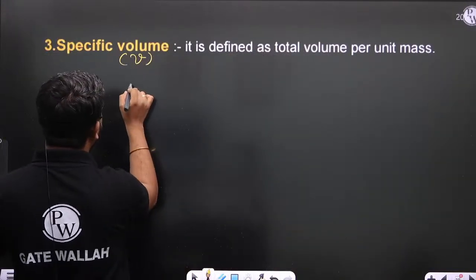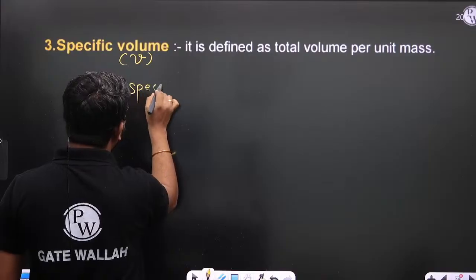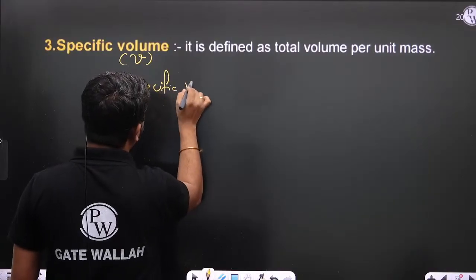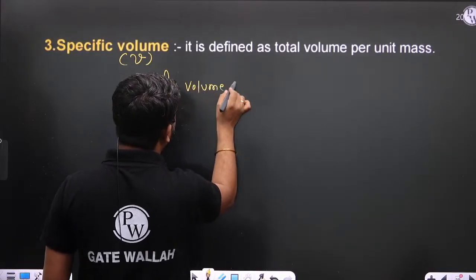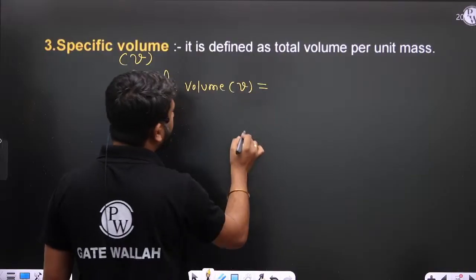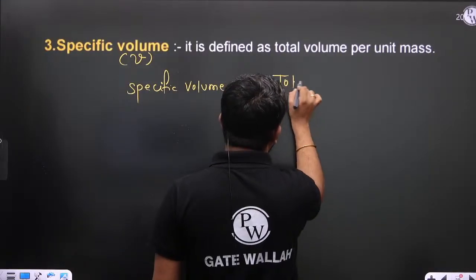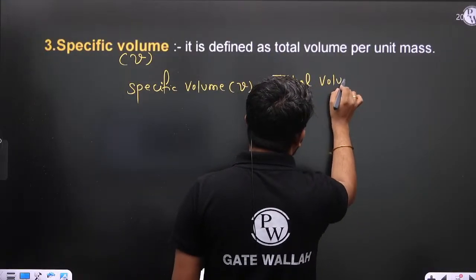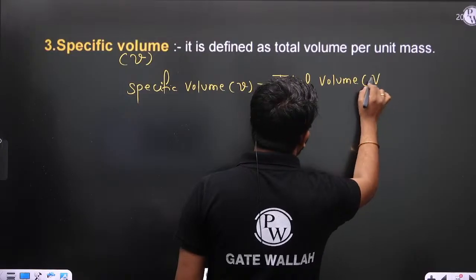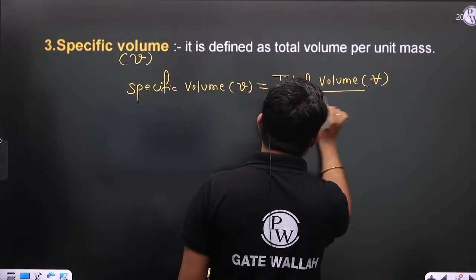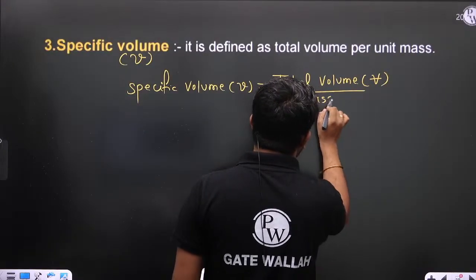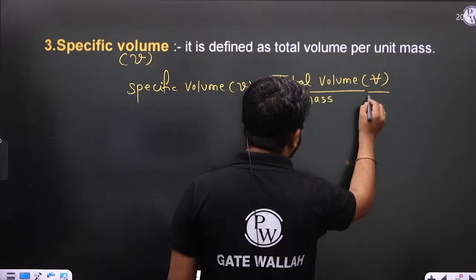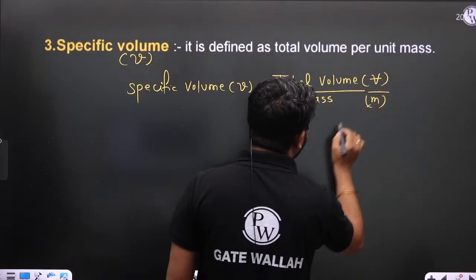So we can say that specific volume is equal to total volume per unit mass, right?